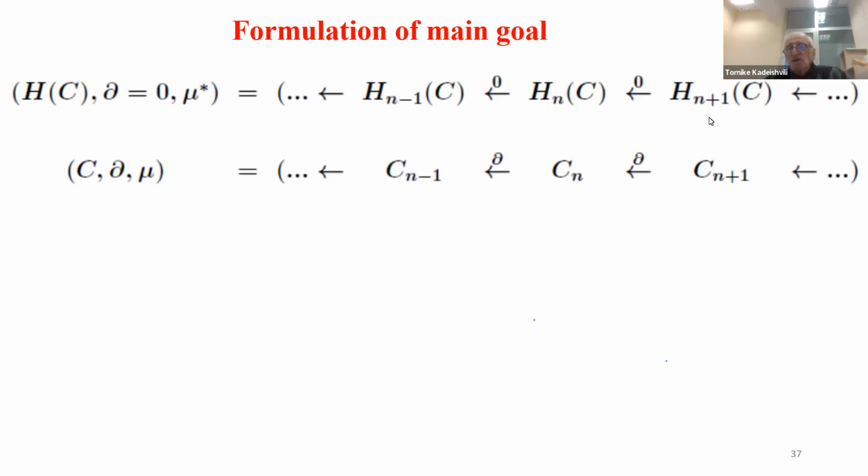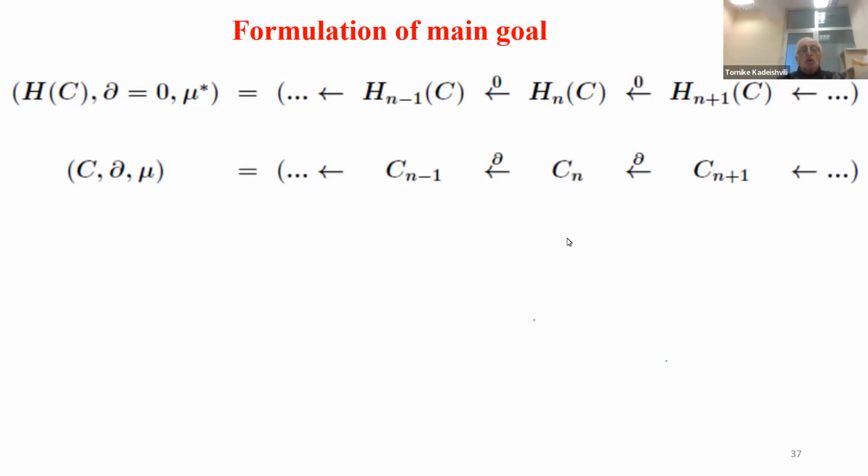Consider homology not only as a collection, but as a chain complex with trivial differential. What will be the homology of this trivial chain complex? H itself. So this complex and this complex have the same homologies.